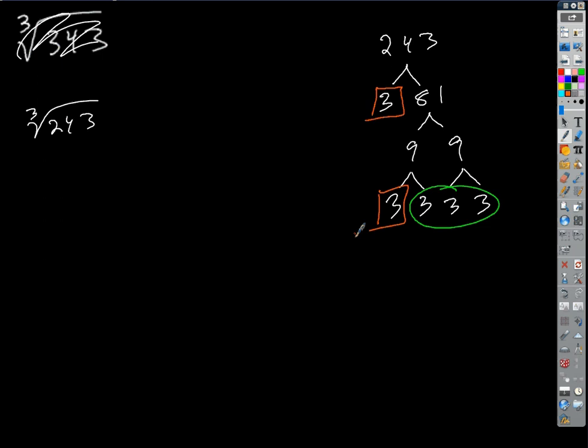Yeah, 4s would go out, quads go out, and then everybody else stays in. So on this one, if we write this as a part that's outside and a part that's inside, we're going to get 3 outside, and inside we get 3 times 3 is 9. Okay, make sense? Yeah.